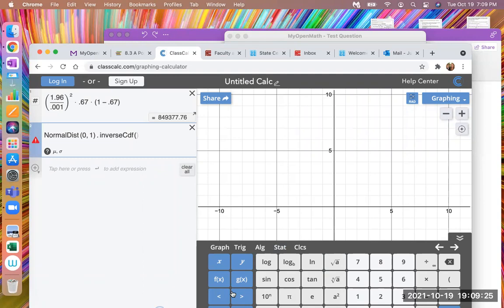Okay, so then we do 1 minus 0.025. Yeah, so they probably want the, what, 1.9599? Yeah.